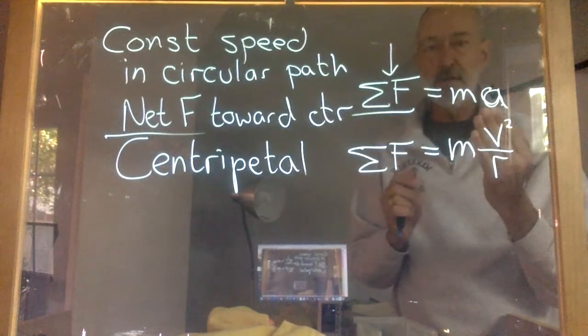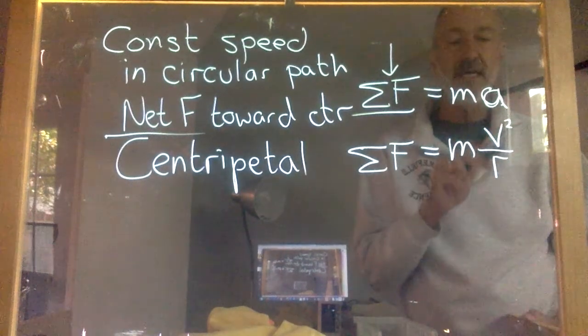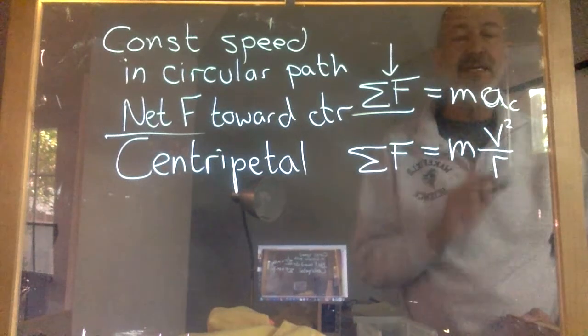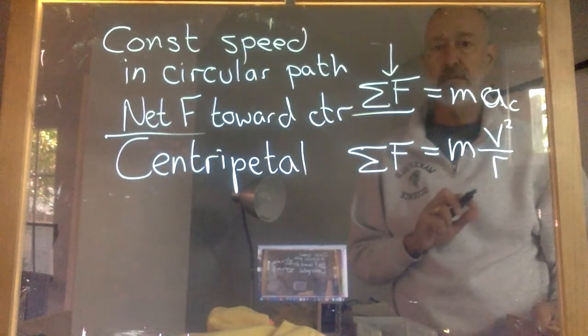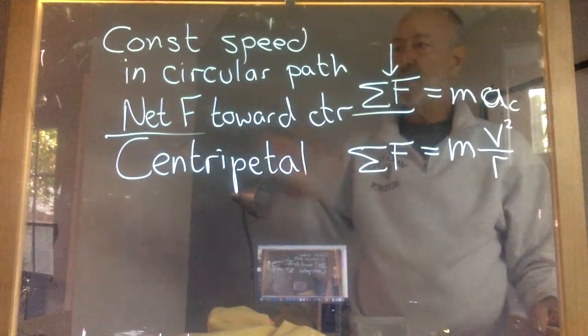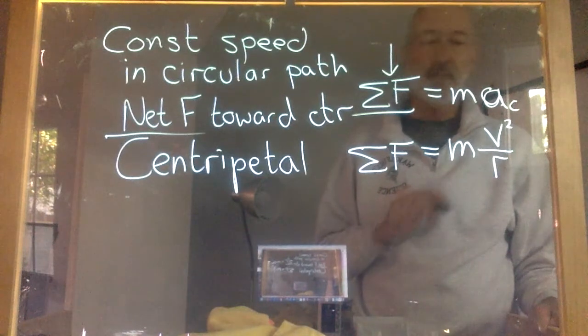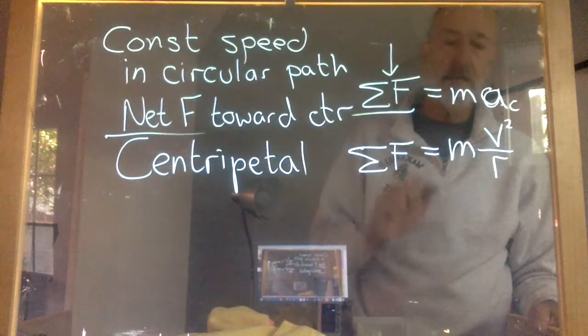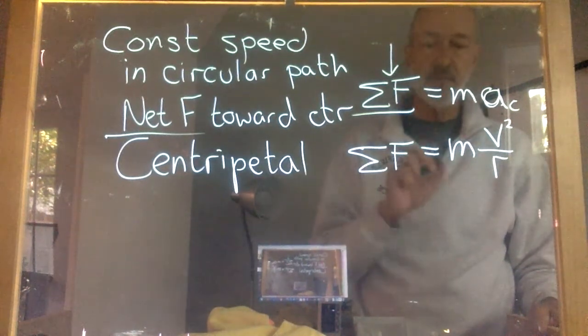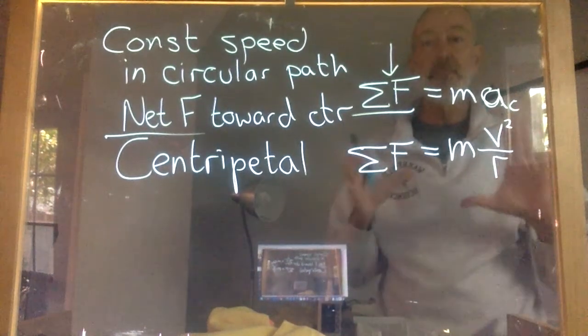Same equation, except now we're using v squared over r instead of a. I sometimes call this a_c, centripetal acceleration. So if I have an object moving in a circular path at a constant speed, I can plug in that speed there, the radius there, the mass, and it has to be equal to the net force in that plane.